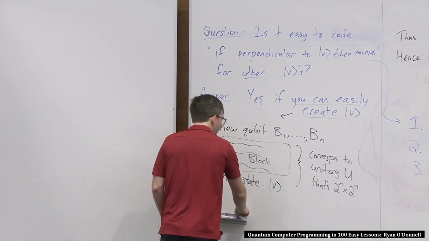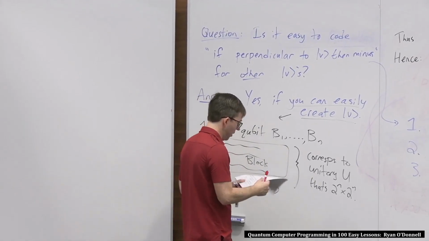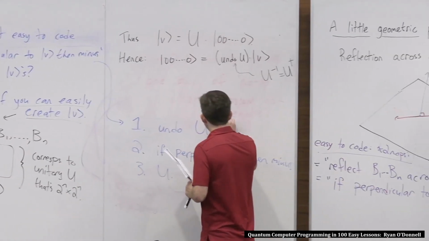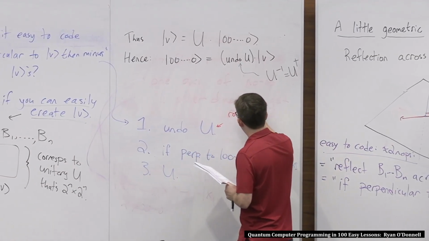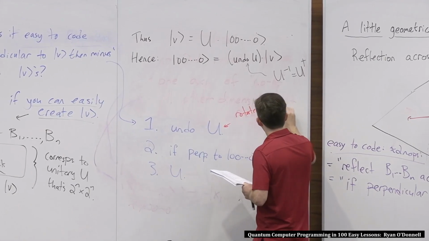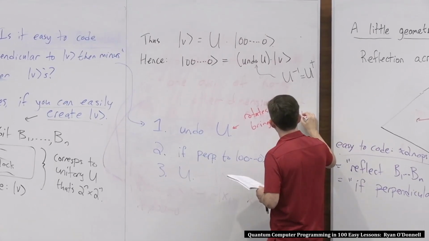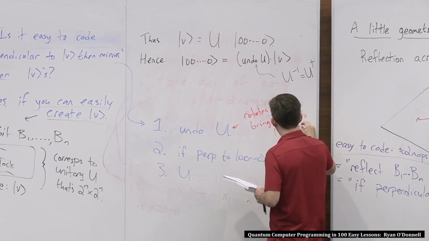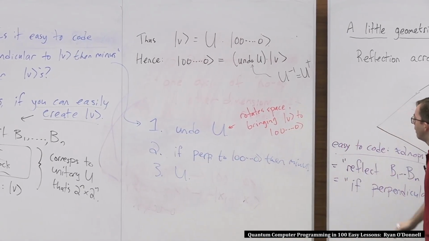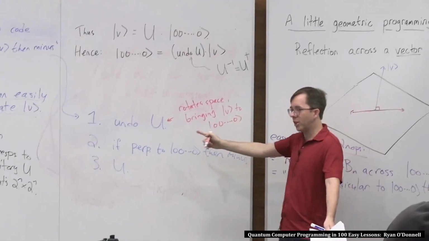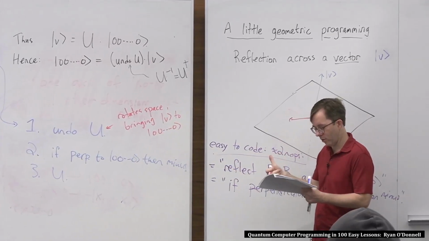Okay, so maybe just writing some comments on this code, if you will. The point is that this rotates space, if you will, bringing, in particular, ket v to this special vector, the all zeros vector, that we're good at. That's what this line says. And then this accomplishes reflection through the all zeros vector. Check.